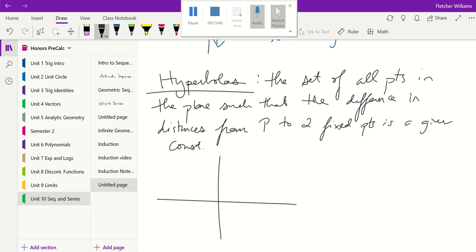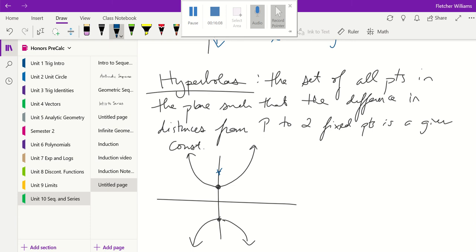Foci. Yes, it's still foci. So a hyperbola is going to look something like two branches. Where are the foci in relation to those branches? Above and below. Yep.